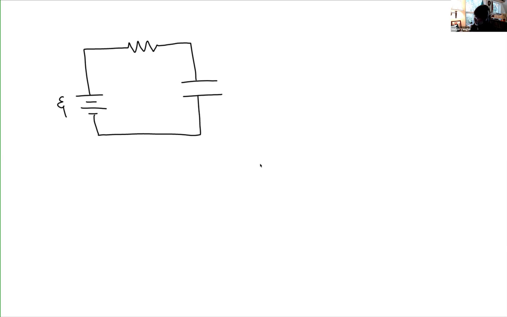And let's begin with the sketch of our RC circuit. So we have a source of EMF, which I'll label as ε. And this will be attached to a resistor and an initially uncharged capacitor.